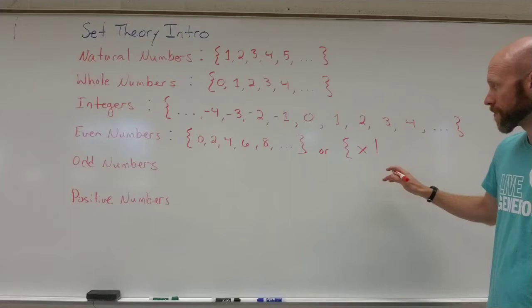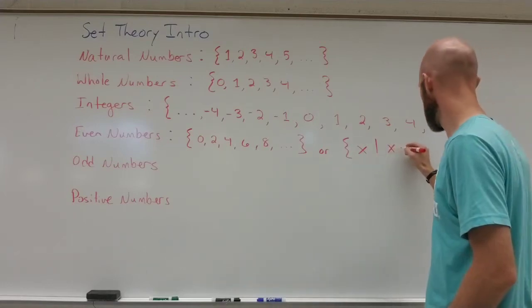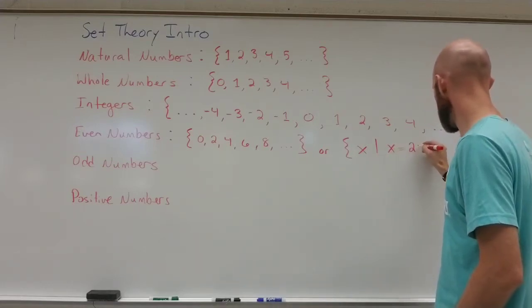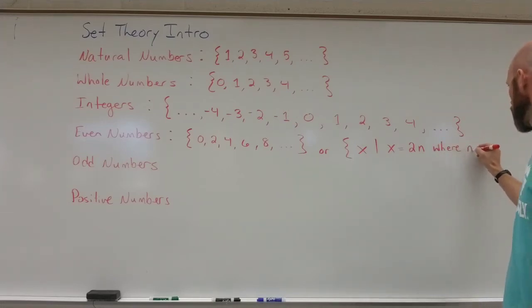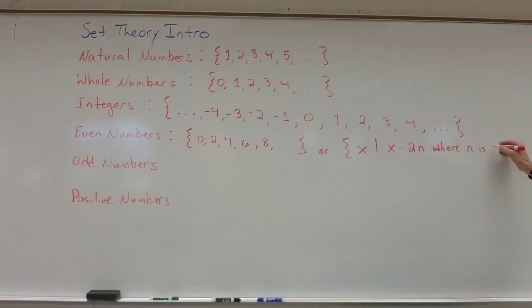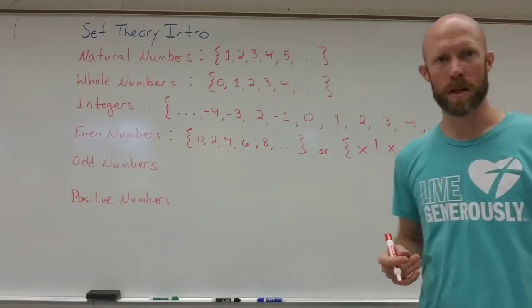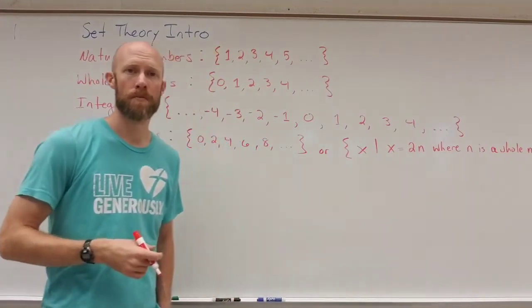You could say that x equals 2n, where n is a whole number. Okay, where n is a whole number. So if you double any whole number, you're going to get an even number, right? So that's a mathematical description of an even number.